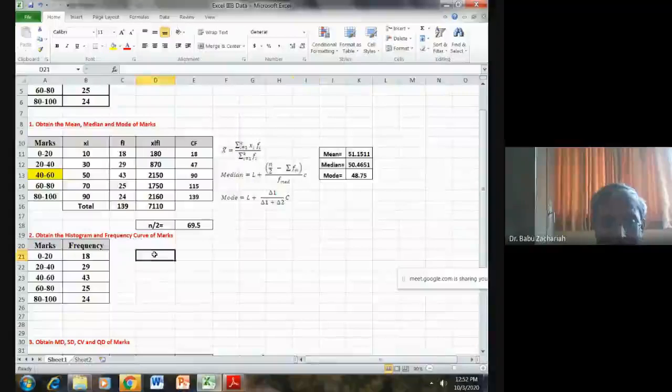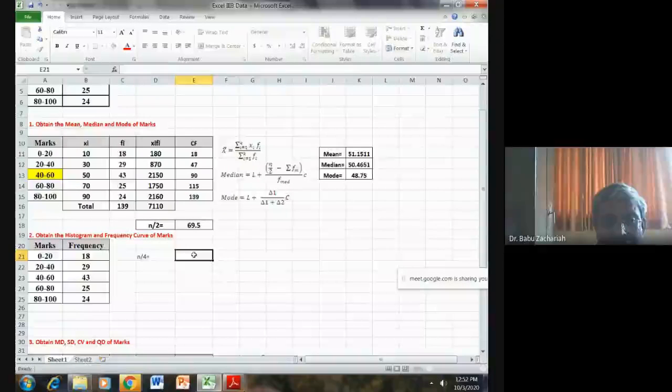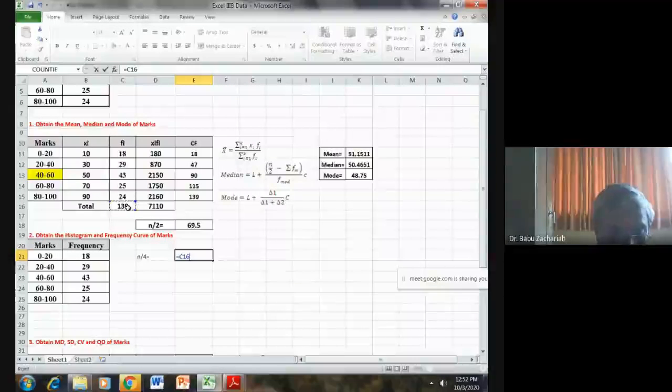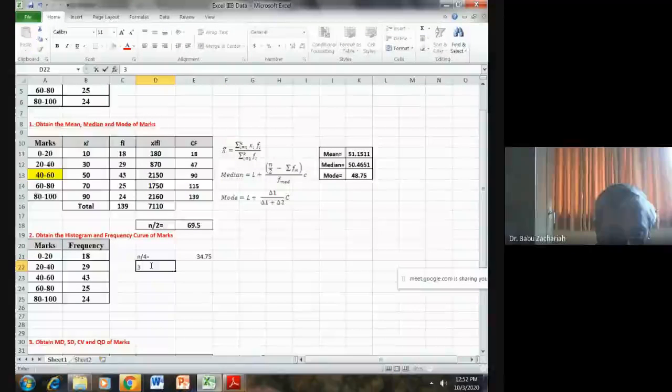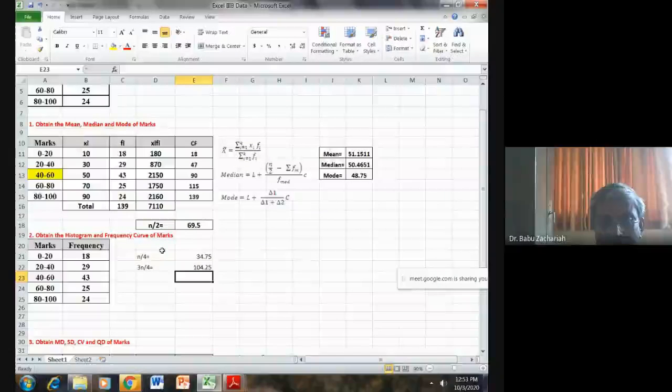You have to calculate n by 4, that is 139 divided by 4, and here 3n by 4 also, equal to 3 into the values you got here.